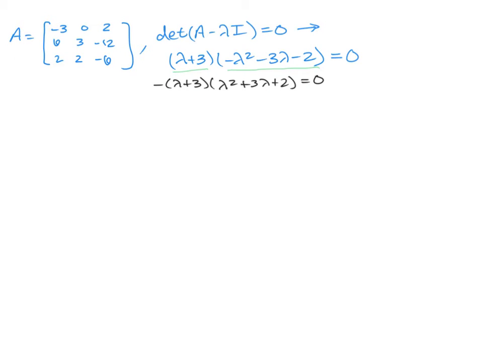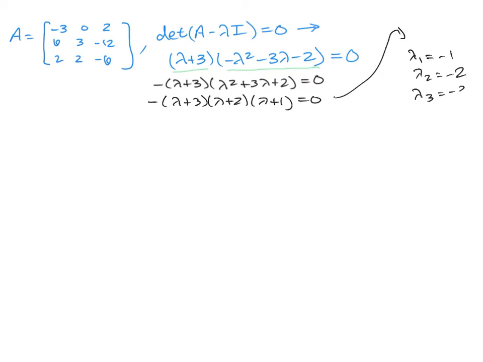That second factor should be recognizable as just (lambda plus 2) times (lambda plus 1). So this is actually negative (lambda plus 3)(lambda plus 2)(lambda plus 1) equals 0. And so therefore our eigenvalues are lambda 1 equals negative 1, lambda 2 equals negative 2, and lambda 3 equals negative 3.